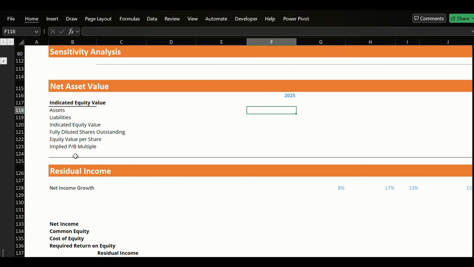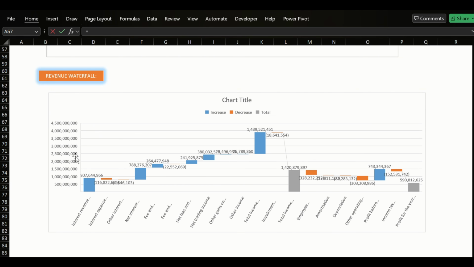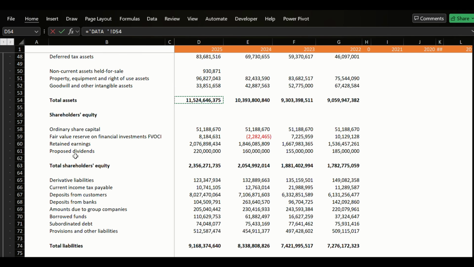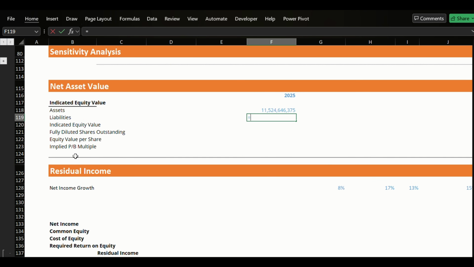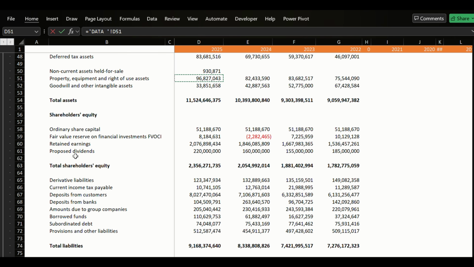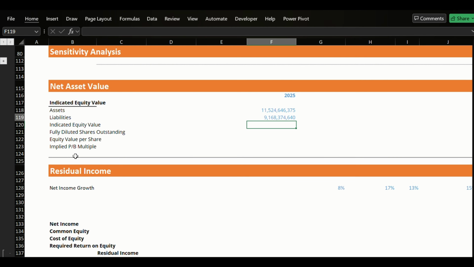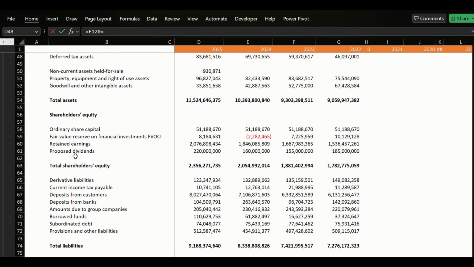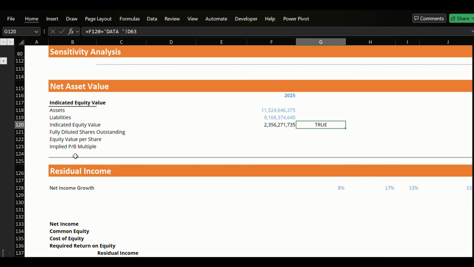So if I check the link, the total assets, we link here, then total liabilities, so the implied equity is, let's see, it's equal to that number. It's true, so we have it right.